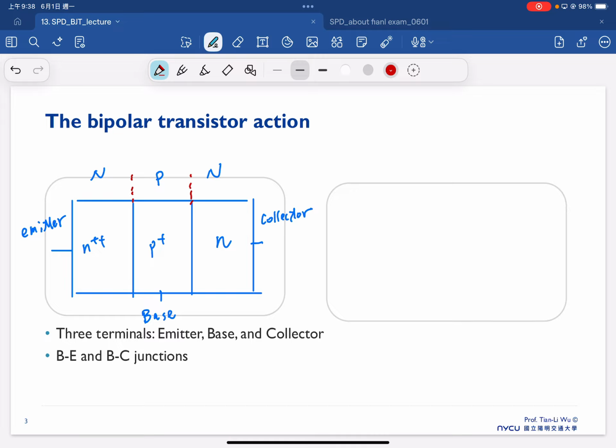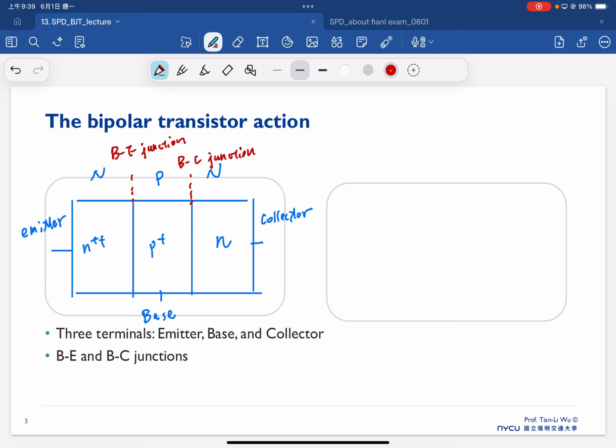The first one is the base-emitter junction, and the other one is the base-collector junction. So this is the typical structure for the NPN BJT.